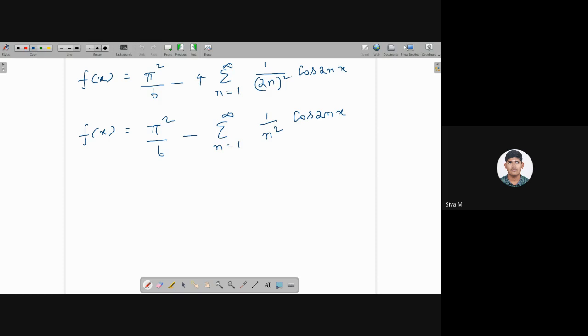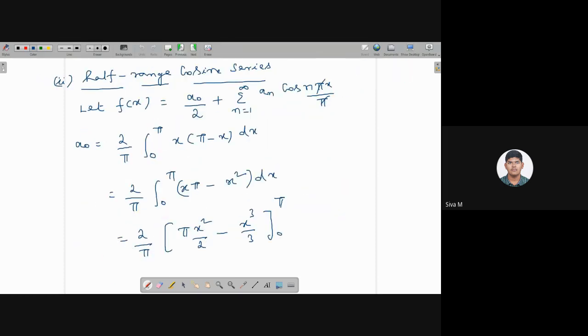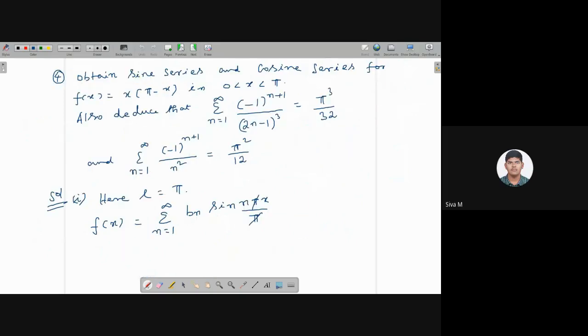Sir, in the question they have just given that reduce this and that. How do we know whether this one is for sine series and this one is for cosine series? Is that your question? Yes, sir. That is by observation.